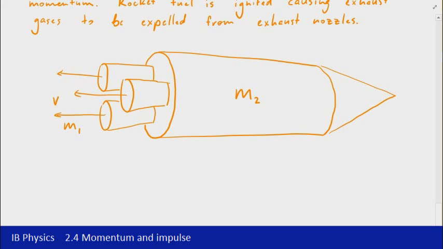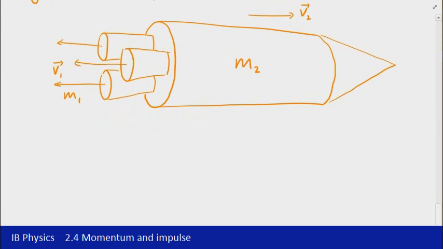Those exhaust gases will be moving with a velocity v1, and as a result the rocket then moves in the opposite direction with a velocity of v2. Now if you think about a rocket taking off, the rocket will initially be stationary.